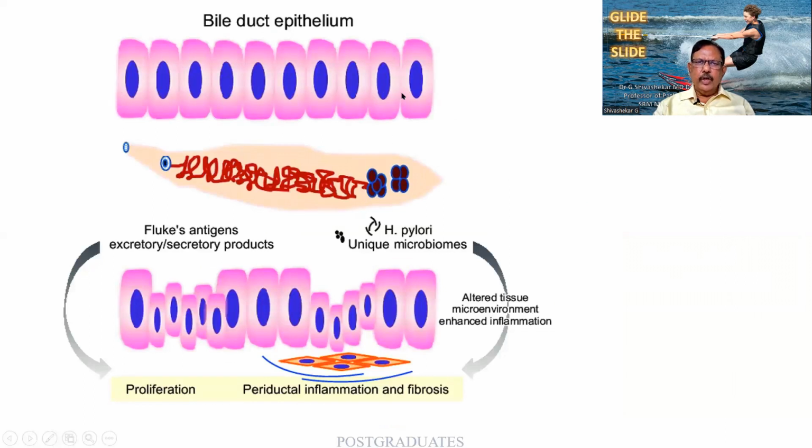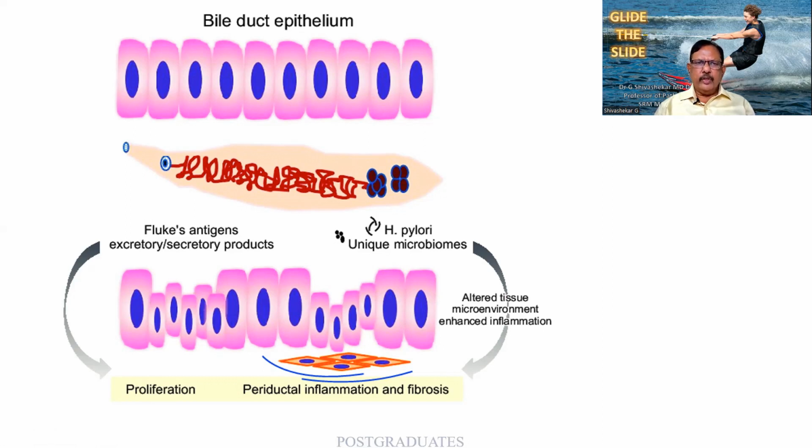Anyway, this is the normal bile duct epithelium. I find that it is lined by columnar type of cells. And whenever there is a parasite, there can be a mechanical irritation, or there can be the antigen of the flukes, or there can be some chemicals which are produced by it. In which case, you find that there happens to be some abnormal proliferation.